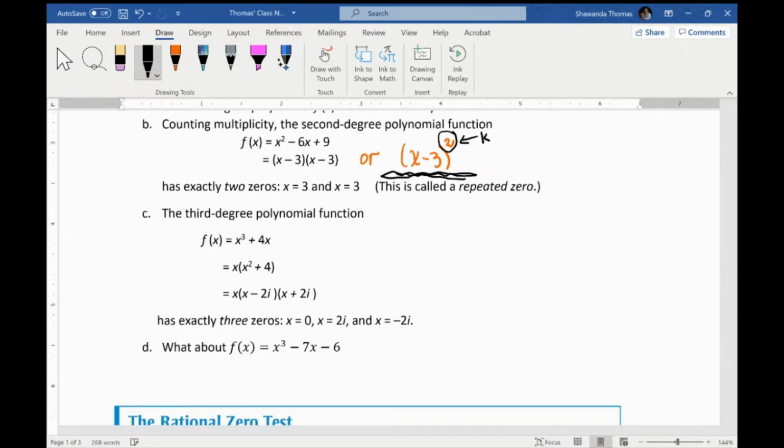So the multiplicity is 2 because we know it's an even multiplicity. What does that tell us about the zero x equals 3? What happens at x equals 3? It's going to touch, or bounce, as I like to say. It bounces off of the x-axis. It does not cross the x-axis.